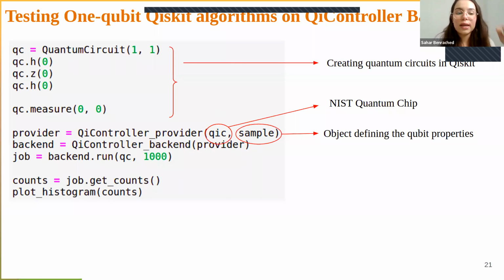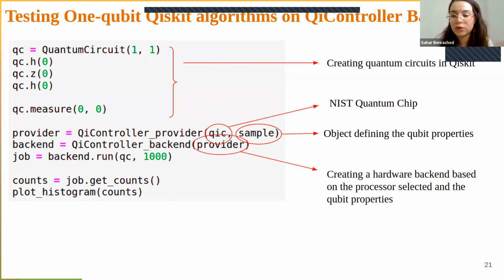And then in the end, we would like to specify the backend. So we create a hardware backend based on the processor selected and the qubit properties. At this level, it's where we have implemented the translation routine, and that's where we create the QI job and execute it on the QI controller.